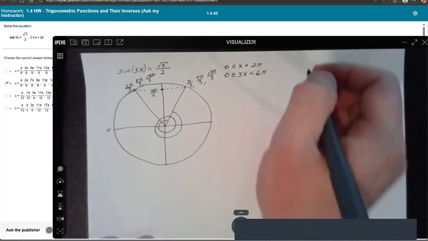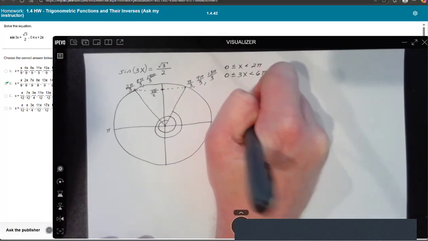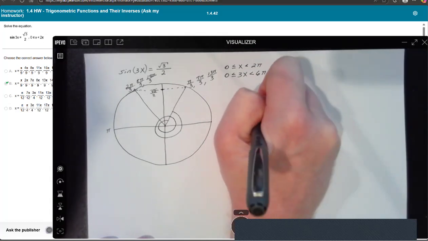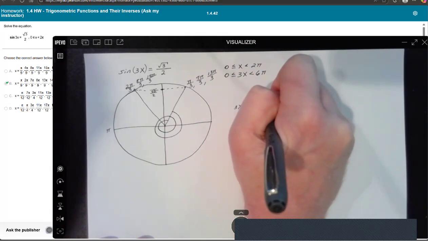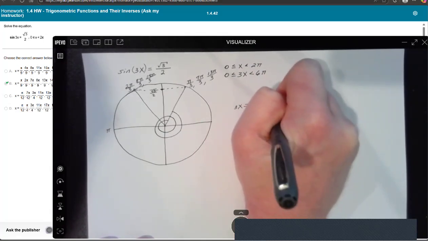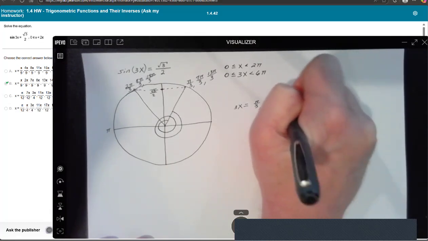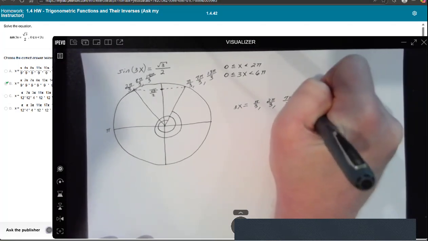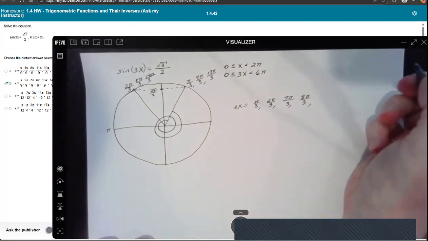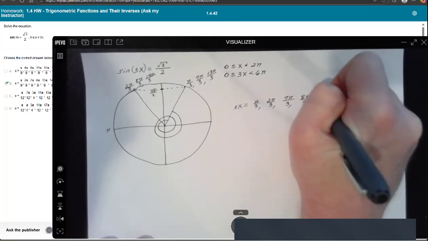So if 3x is equal to, and I'll go in order, pi over 3, 2 pi over 3, my next one would be 7 pi over 3, then 8 pi over 3, 13 pi over 3, and finally 14 pi over 3.